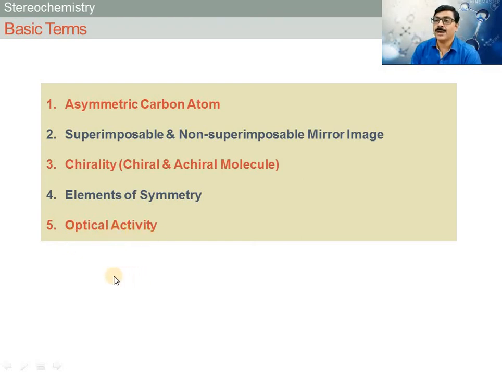Now these five terms are very important to understand the topic of stereochemistry. So we can see the meaning of all these five terms one by one. So let's move to the first term, that is asymmetric carbon atom.